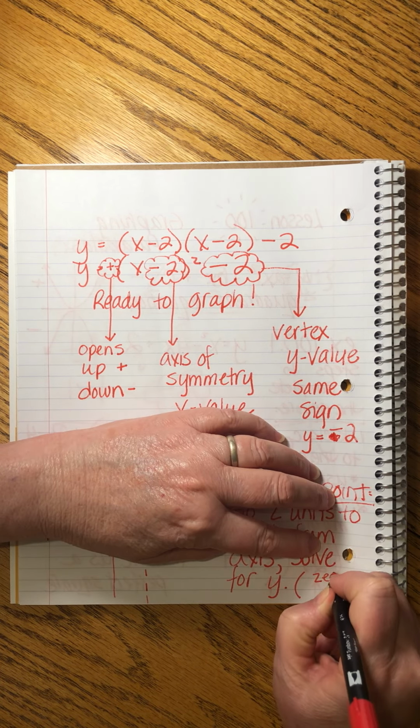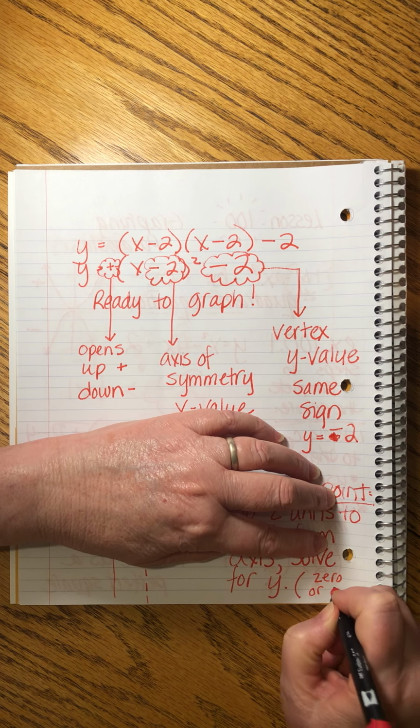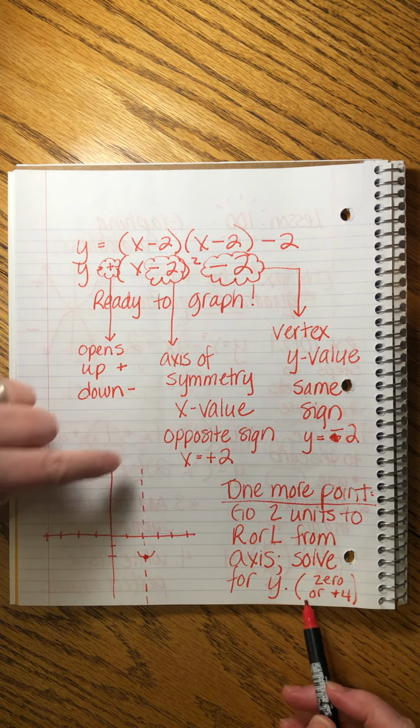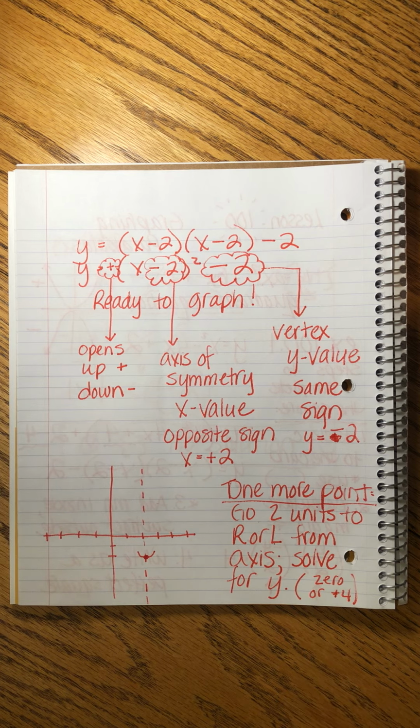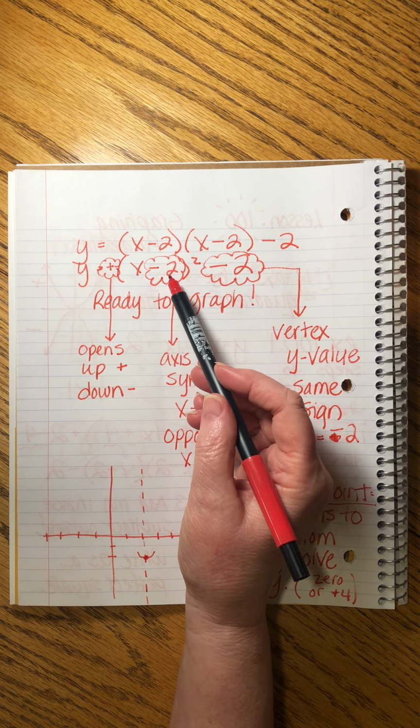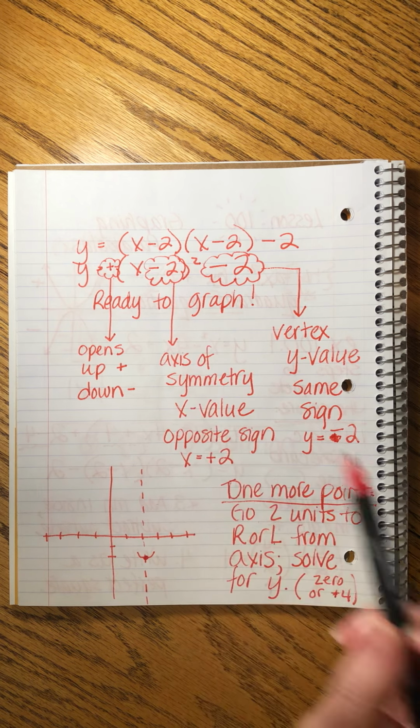We can choose 0 or positive 4 in this case, right? In other cases, the axis of symmetry will be at a different place, so you'll go 2 units to the right or left for that one. I'm going to choose 0, and what we'll do is we'll plug that back into our friend here, and then we're going to solve it for y.